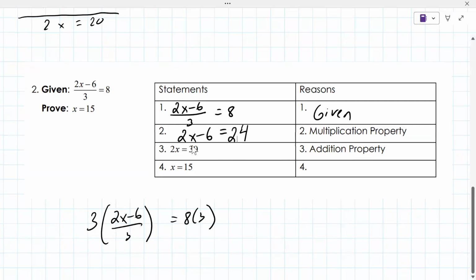Looks like they're adding 6 to both sides. That's fine. How are they going from line 3 to line 4? So to go from 2 to 3 is the addition property. Okay, how about from 3 to 4? Divide. Division property. Okay.